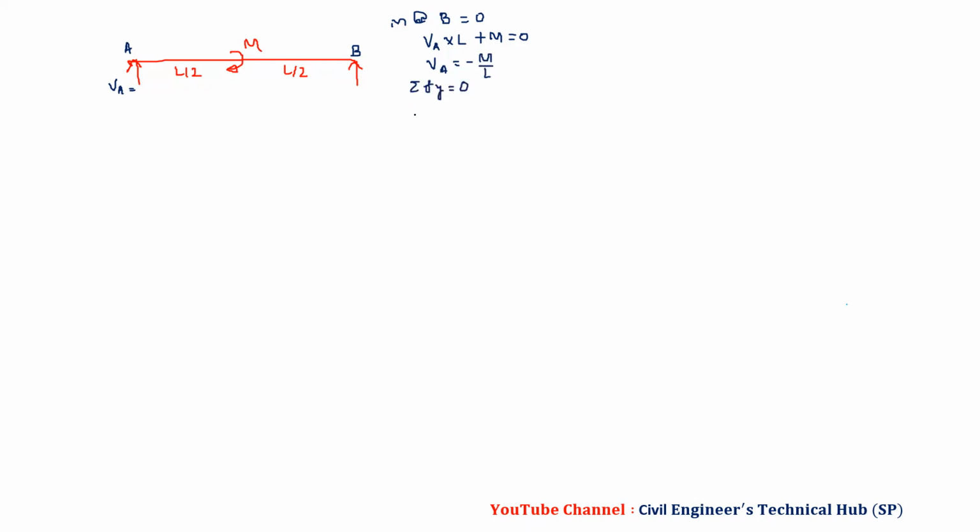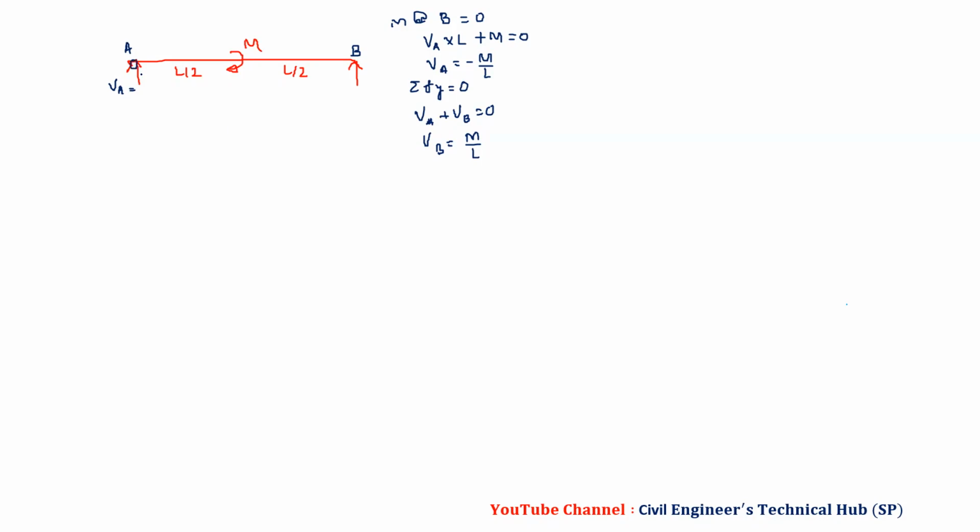So we have VA plus VB equal to 0. No moment in the force equation because we have force equation and moment has unit Newton millimeters. And therefore VB is M by L because VA is minus, goes on the right side, becomes plus.